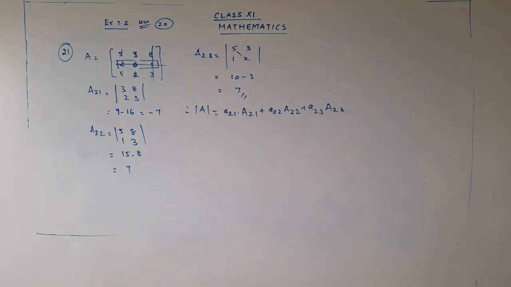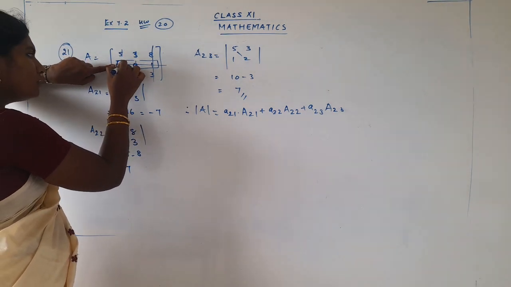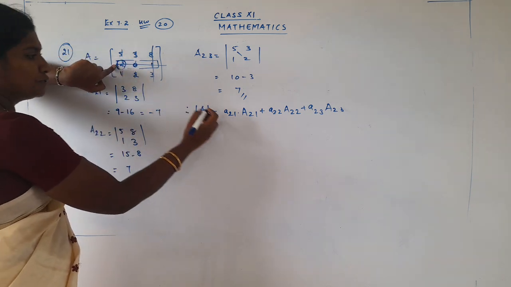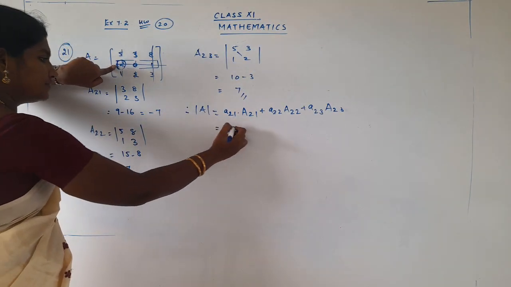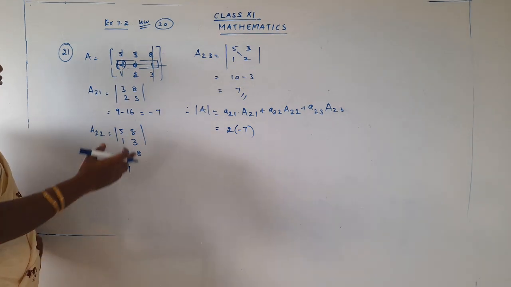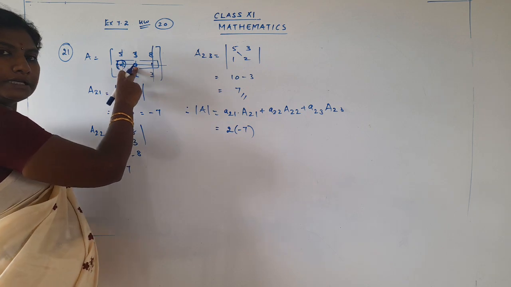Now we know all the values, so we are just going to substitute the values and get the answer. See here carefully. a21 means the second row first element. What is the answer? 2. So put here 2, and A21 is minus 7. So put here minus 7. Now a22, the second row, second element is 0.